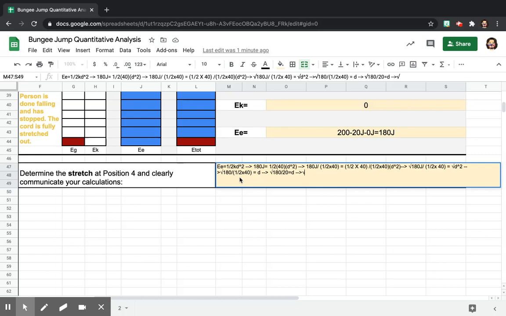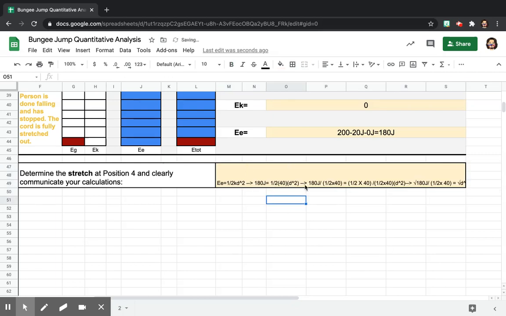I'm going to use my calculator first just to make sure I'm doing it right, which gives me square root of 9 equals d. And then all I have to do now is square root of 9, which is 3, equals d. So my distance stretched would be 3. This would be my answer.